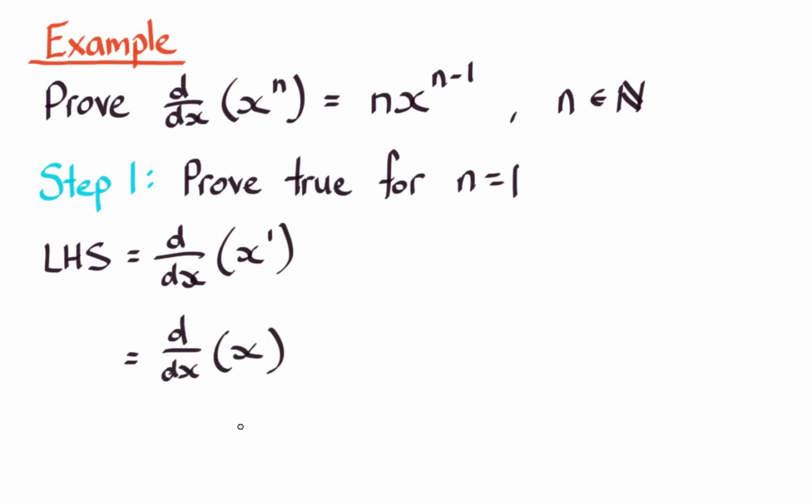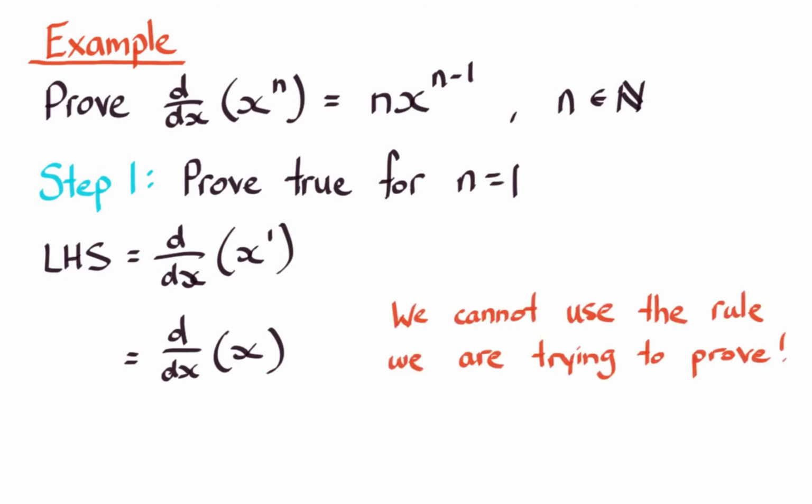Now, this is subtle, but it's key. We can't go and use this rule that we already know, because that's what we're trying to prove. So how else are we going to come up with what the derivative of x is if we can't use this rule?